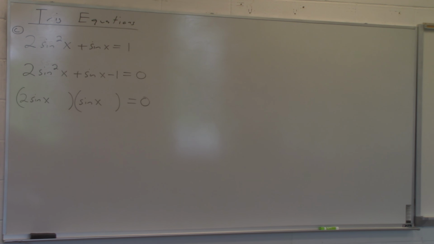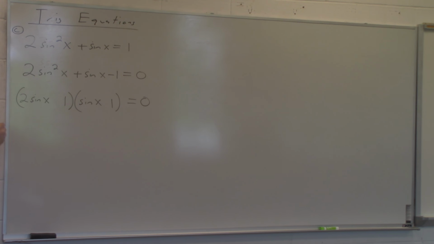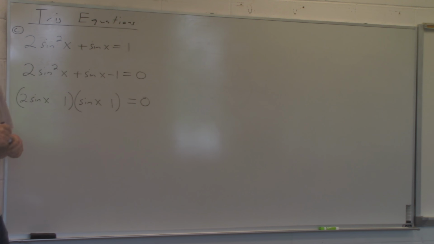Think about that. If I multiply those 2 together, I'm going to get 2 sine squareds of x. Seems logical. To build a 1, that's easy. The only 2 numbers that are nice that multiply to be 1 are going to be 1 and 1. We need to make sure that when we're done multiplying through again, that we get a positive sign, but we multiply to get a negative 1.